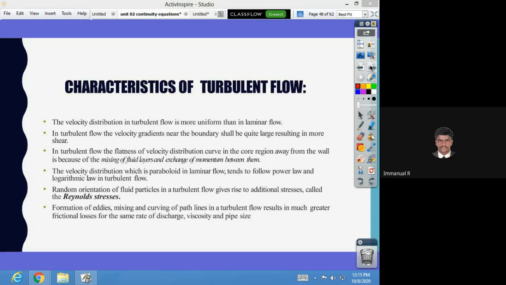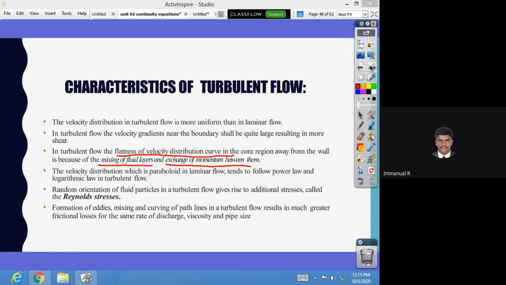In some GATE questions they ask why the turbulent flow velocity distribution curve is flat. The reasons are, first, the mixing of fluid layers, and next, the exchange of momentum between the fluid layers.